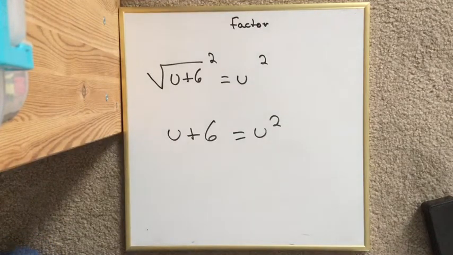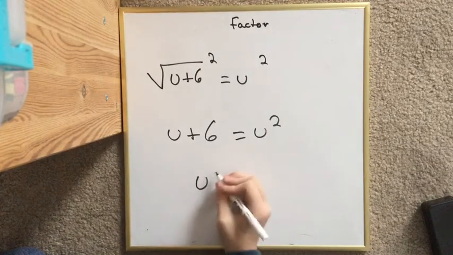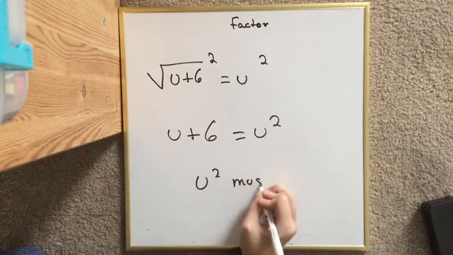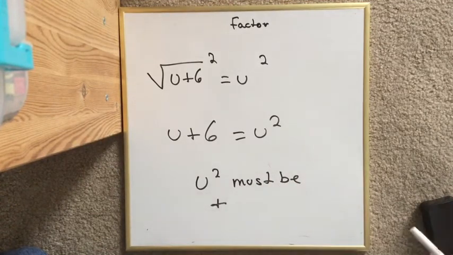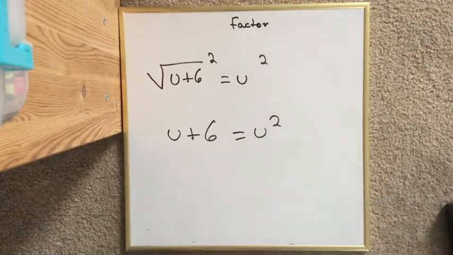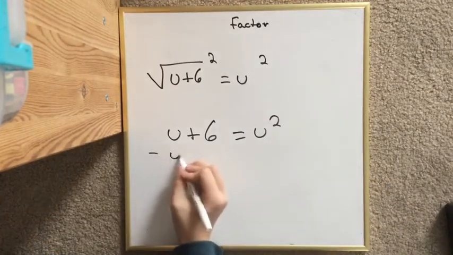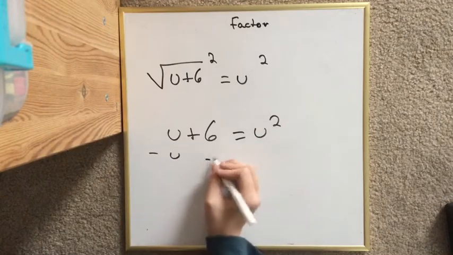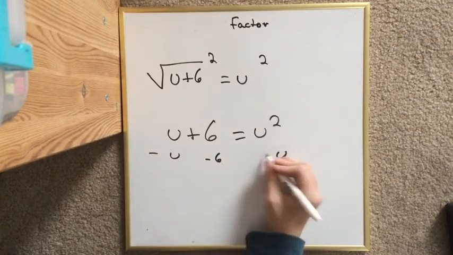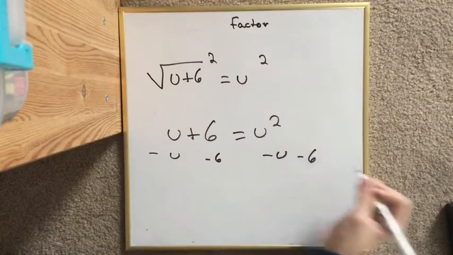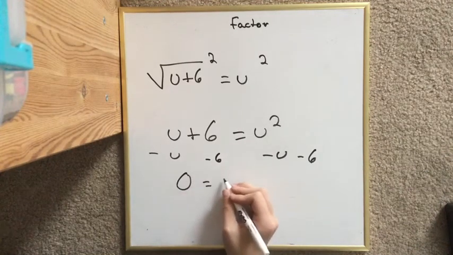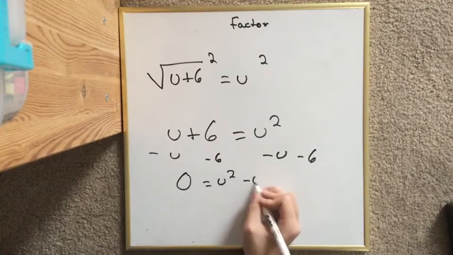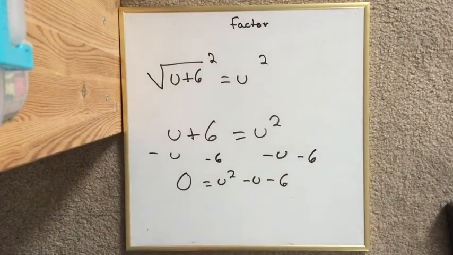Now, to factor something, because remember it has a u squared, a u, and a number, the u squared has to be positive. It will not work if the u squared is negative. Okay, so we have to subtract everything to this side of the equation. We're going to get 0 equals u squared minus u minus 6. Okay?